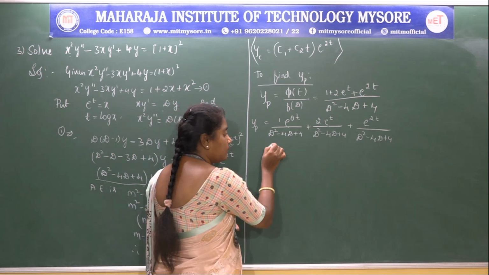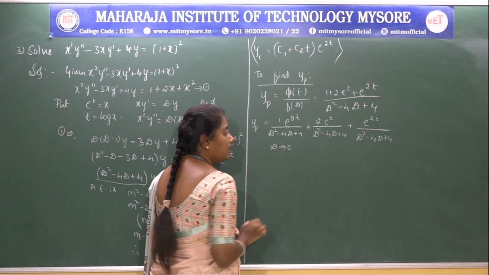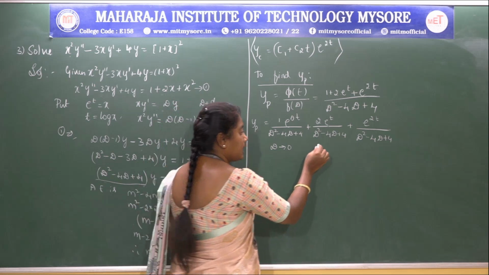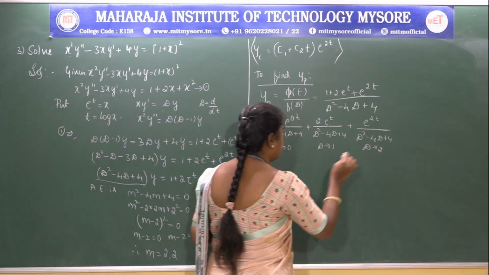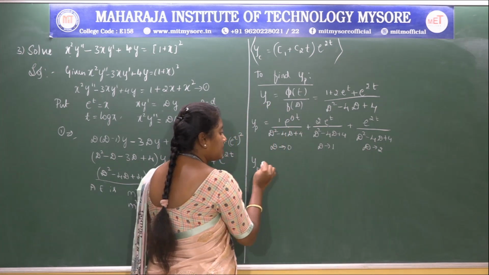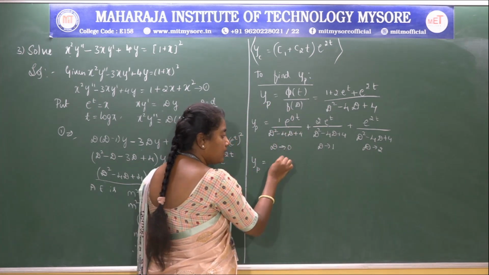So therefore in the first term we have to replace d by 0, in the second term d by 1, in the next term d by 2. On substituting, yp is equal to, again e power of 0 equal to 1.